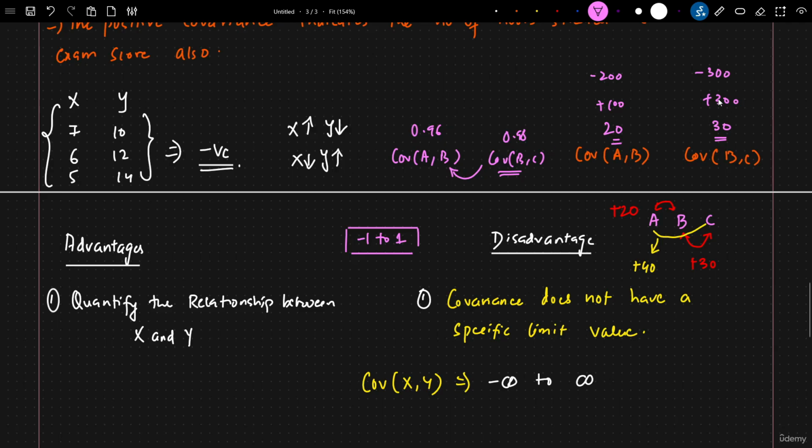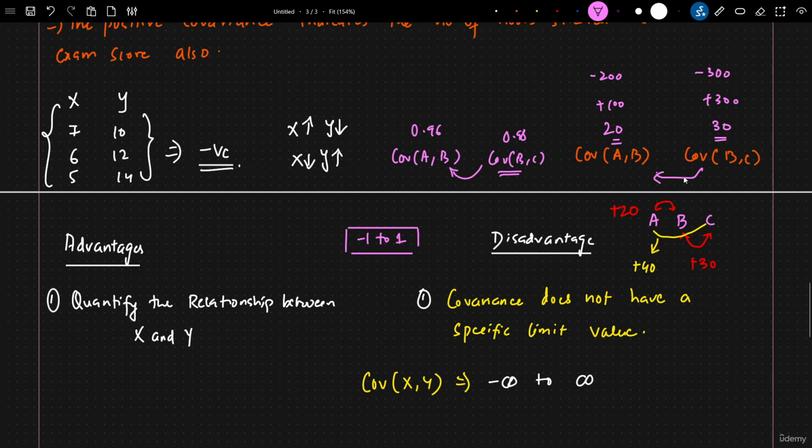But in this scenario right now, we do not have any limit, and there is no way that we can say that, even though this shows 300, this is stronger than this. This is the major disadvantage of having covariance.